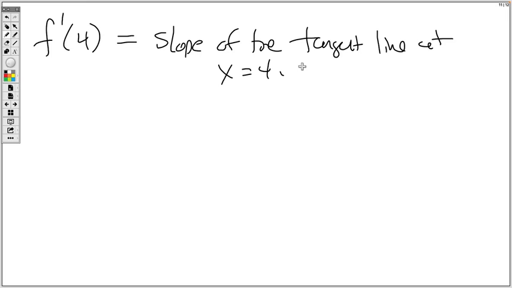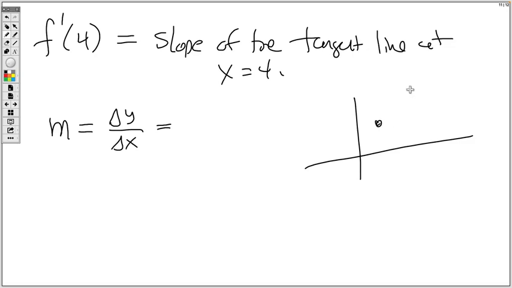So how are we going to do that? Because normally for slope, if I think about the slope formula, it's your change in y over your change in x. Right? So normally you have 2 points, x naught, y naught and x1, y1. You have 2 points on the line.